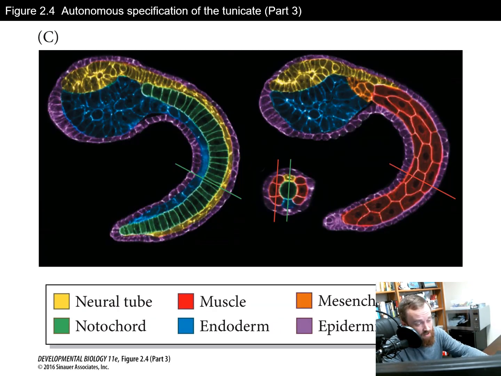What Conklin found was that if you do remove those cells, then this tissue here, stained in red, the muscle tissue, is no longer there. From that we know those cells were predestined to become this muscle tissue, and since you remove them, the other cells aren't going to make up for that. They're just not going to be there, and that structure is not going to develop because those cells were missing.